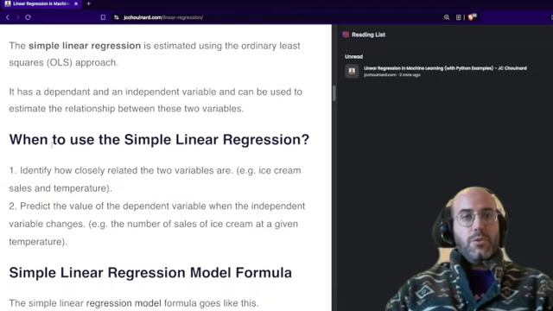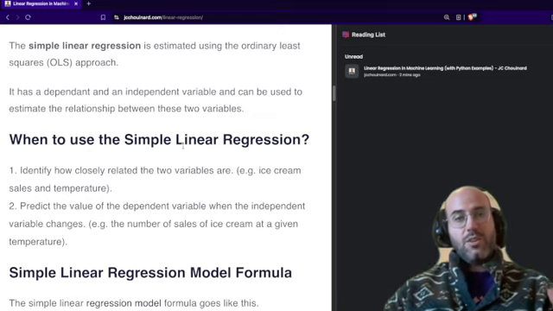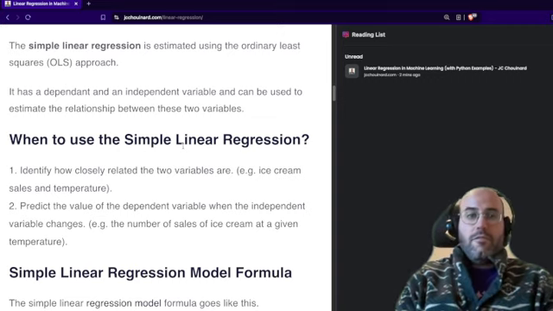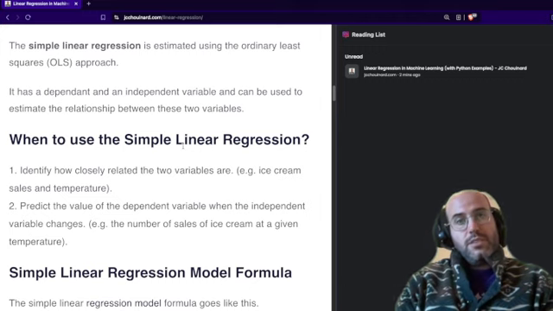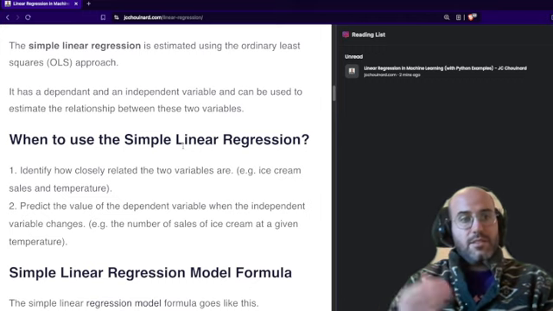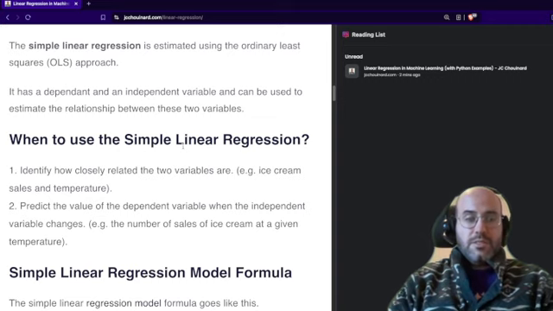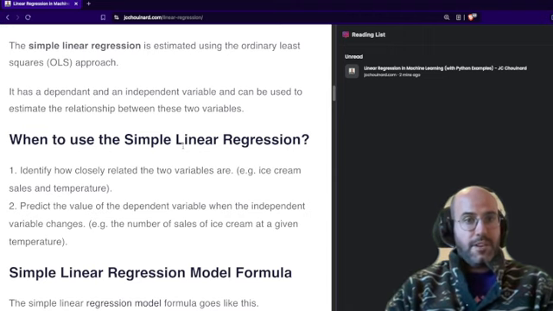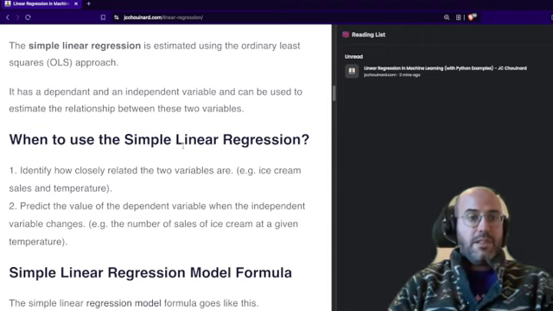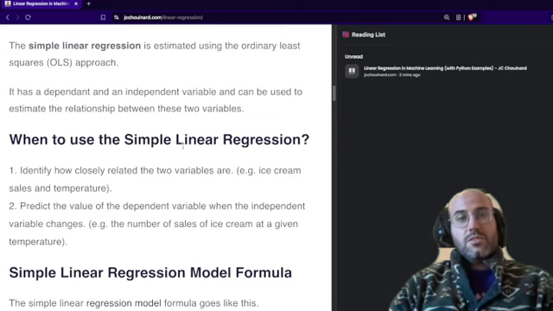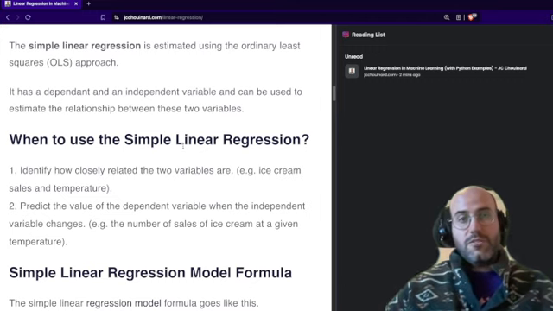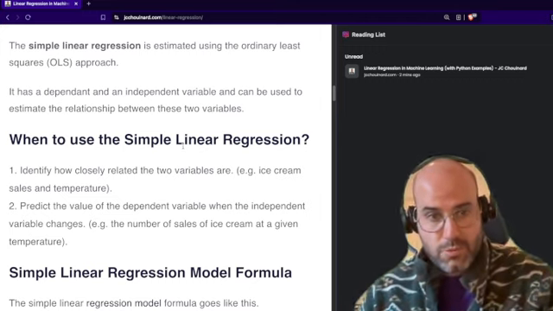So you will use that simple linear regression when you want to identify how closely related two variables are. For example, if you try to predict ice cream sales based on temperature. And you will use it when you're trying to predict the value of the dependent variable when the independent variable changes. So essentially you will calculate the number of sales of ice cream at a given temperature.